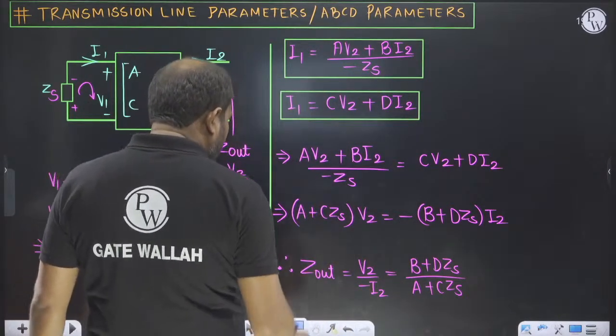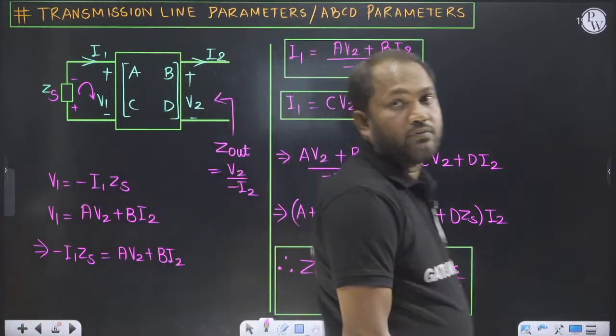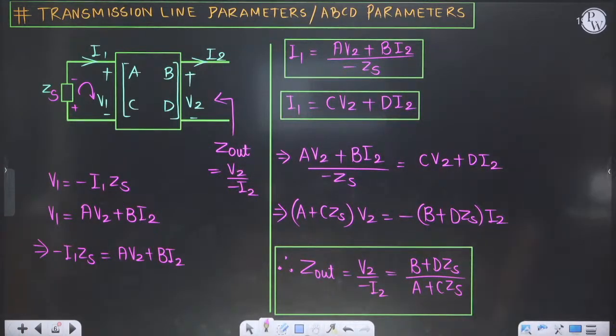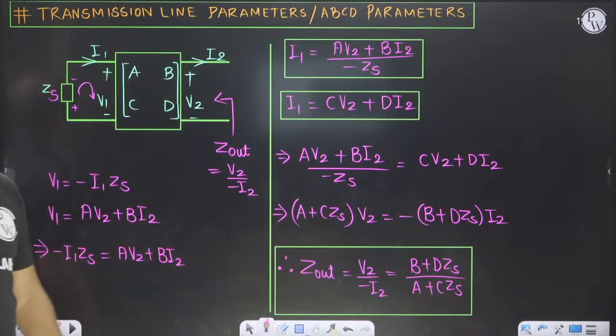So this is the formula for Z out. So we have calculated Z out and Z in, so we have calculated everything.